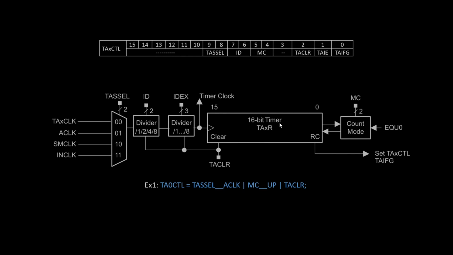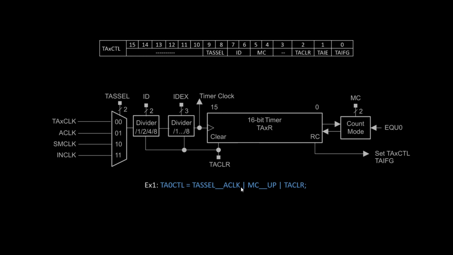So for instance, if I want to configure a given timer, I need to select an input timer. So I will configure the timer source select, which is a bit field inside the timer A control. I can select a clock by setting these bits to 0, 1, or by using this macro, TA source select A clock.